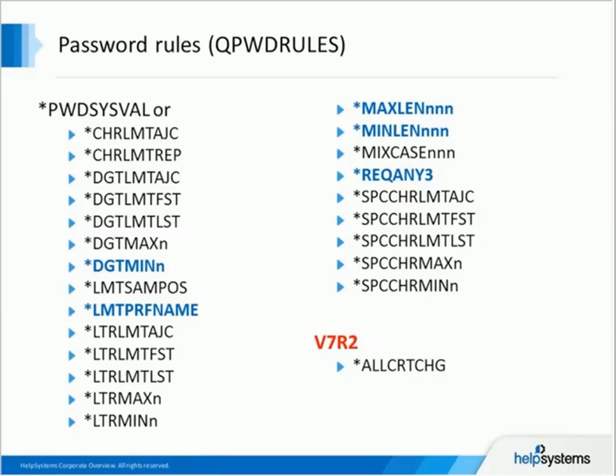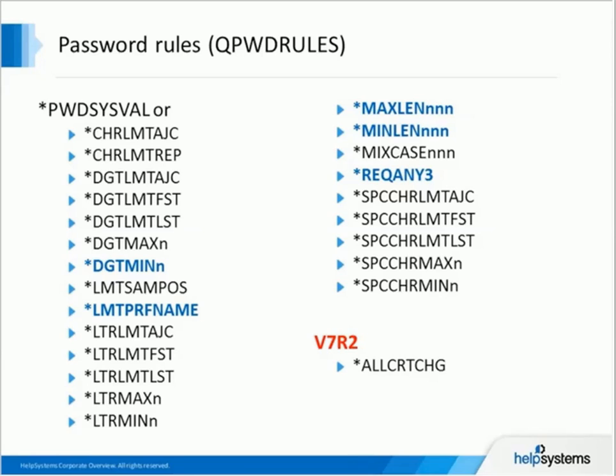Okay, so a couple things here. There's a new value that became available in V7R2 called all create and change. If you think about when you use the create user profile command or change user profile command, you can put in any value for the password.